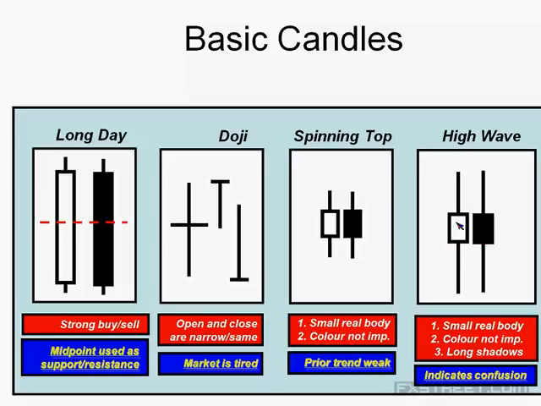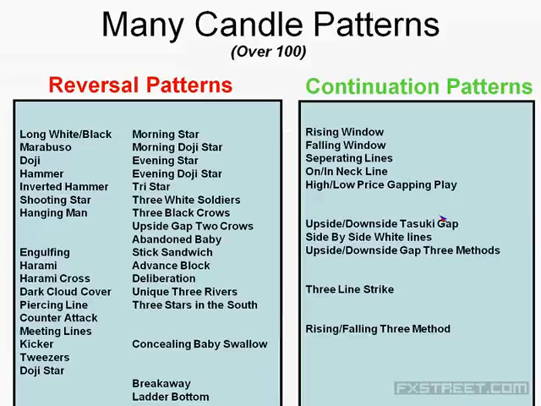And then lastly, high wave looks like a spinning top, but the difference is the shadows, the long lines, are basically showing you volatility in the market. This indicates confusion, basically. So whenever you see this, it just shows you the market opened, pushed really high, pushed really low, and then closed in the center or near the center. So it just basically shows you that there was a lot of volatility, big price swings, and in the end the market closed near the average of the day.